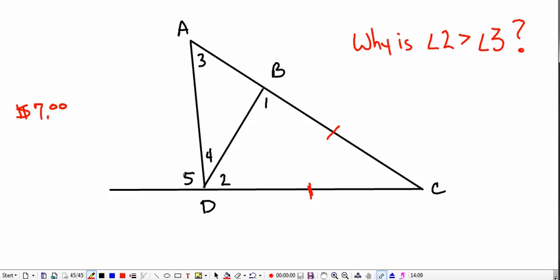Remember, an exterior angle is formed by extending a side. So 5 isn't exterior to this triangle. 5 is exterior to ABD, isn't it? Very good. So angle 5 is greater than angle ACD. Nice job. Y'all see that? That goes back to the first problem. It's just they give you a little different picture and they move things around.